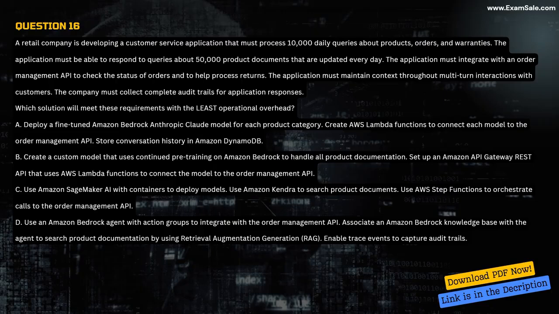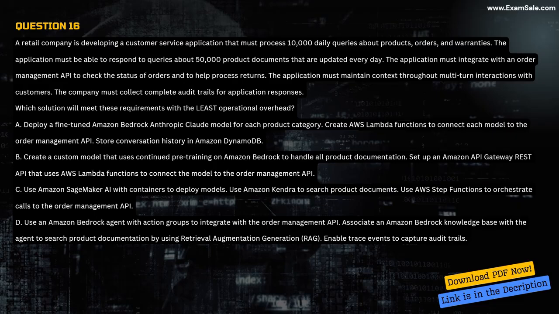A. Deploy a fine-tuned Amazon Bedrock Anthropic Claude model for each product category. Create AWS Lambda functions to connect each model to the Order Management API. Store conversation history in Amazon DynamoDB. B. Create a custom model that uses continued pre-training on Amazon Bedrock to handle all product documentation.